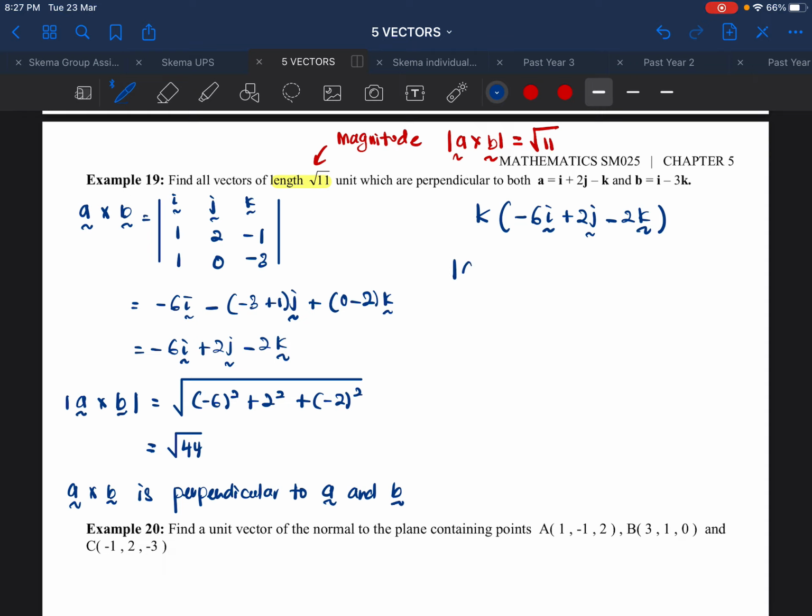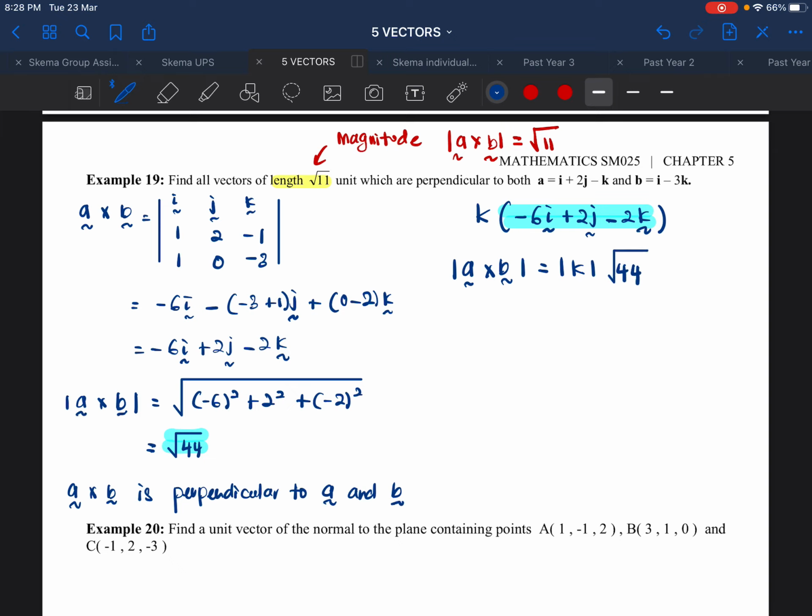Okay, so kita tahu magnitude A cross B equals to, kita kena cari magnitude untuk yang ni. So kita akan ada magnitude K, and then magnitude untuk this one, betul tak? Okay, so ini kita ada square root 44.